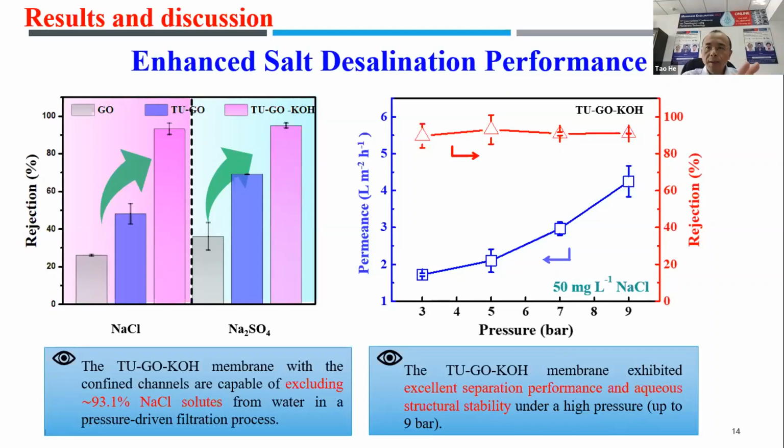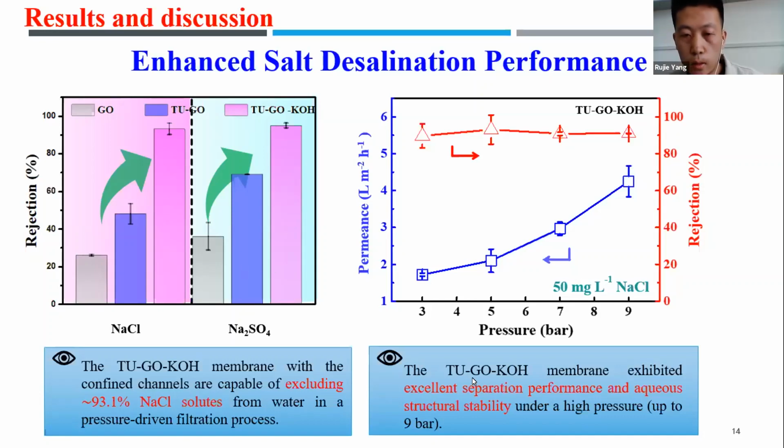No, my question is not about pressure. My question is about how strong your membrane is in a strong acid or a strong base. For example, in pH 1, pH 14, have you tested the stability of your membrane in such extreme acid and base conditions?